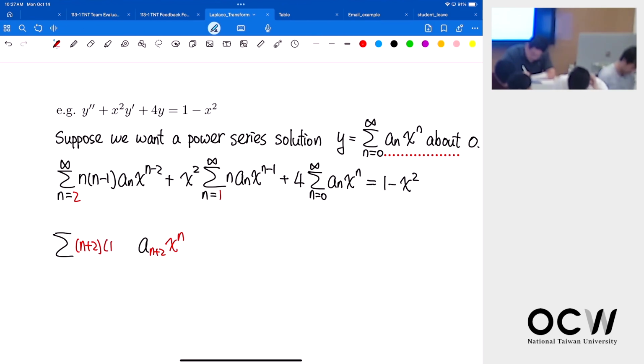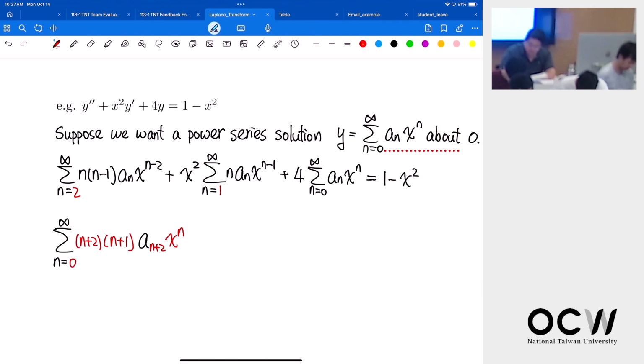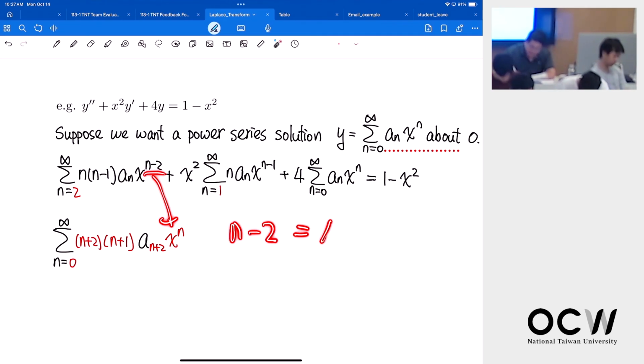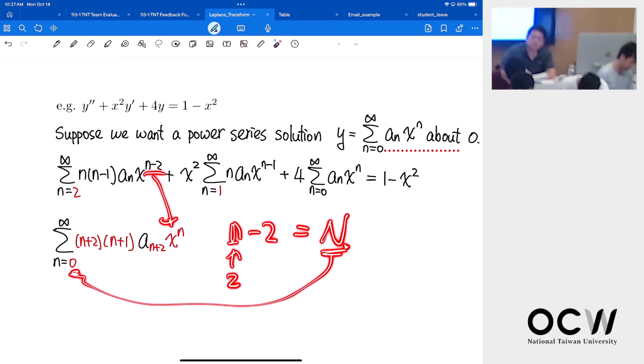The n minus 1 becomes m plus 1. And your n is from 0 to infinity, because now n minus 2 equals m. So when n equals 2, your capital M should be 0.